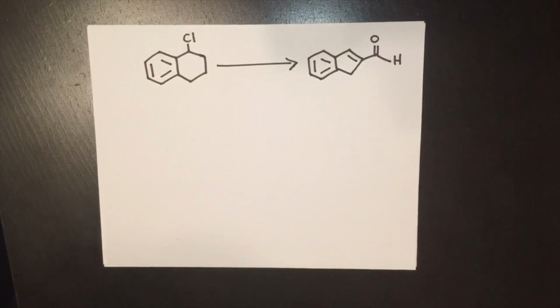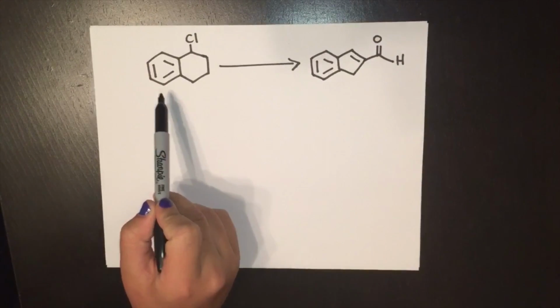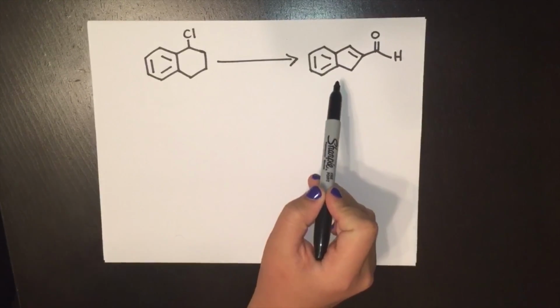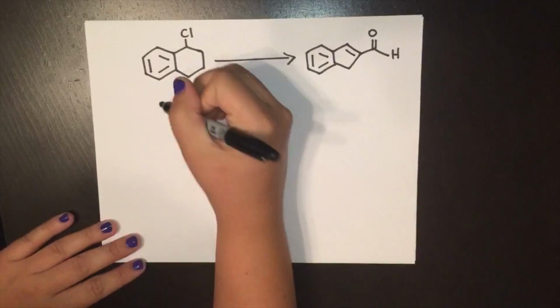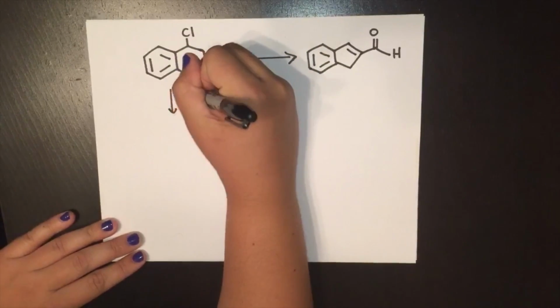For this synthesis problem, we're going to need to go from this bicyclic compound with two 6-membered rings to this bicyclic compound with one 5-membered ring, so we're going to have to start off by cutting this ring. We're going to start with an elimination of the chlorine.